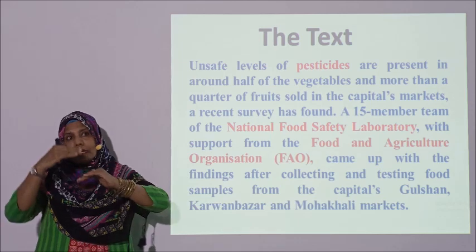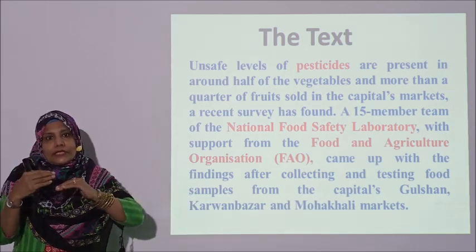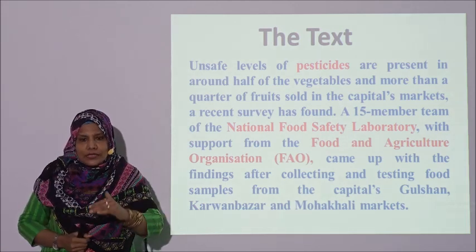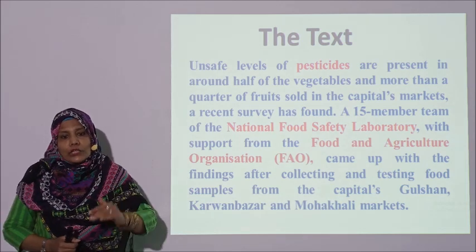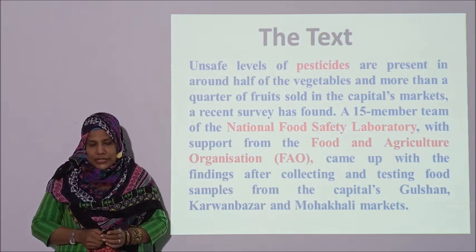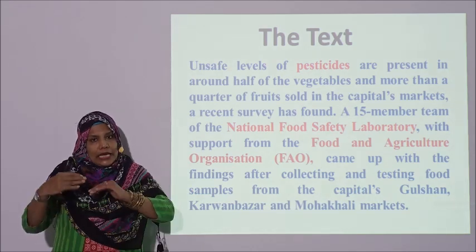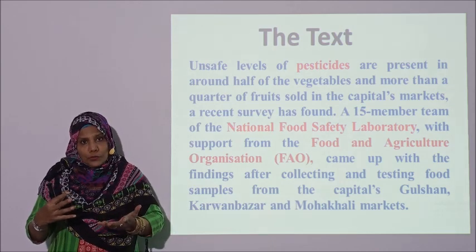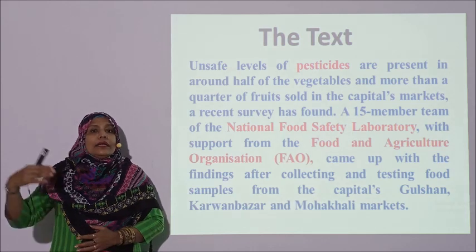There must be a comfortable, consumable level, but the levels of pesticides present are in around half of the vegetables and more than a quarter of fruits sold in the capital's markets. So this is a survey report. The text is a survey report, and it has given us the outcome of the surveying, showing what exactly is going on in our markets.